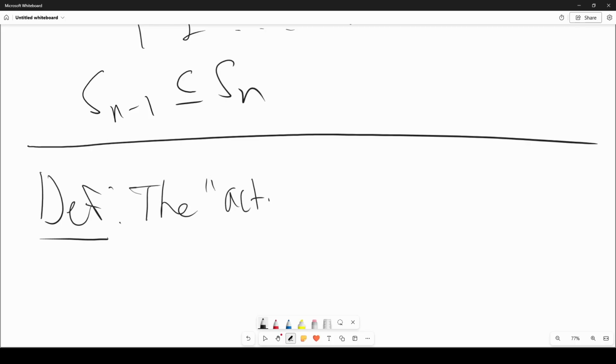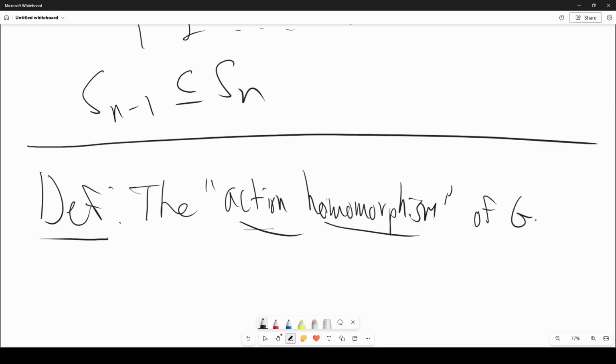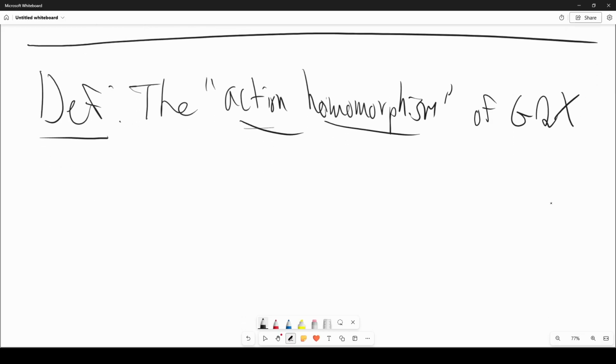The action homomorphism of G acting on a set X, so the specific action, is the map rho from G to S_X, where S_X here is the symmetric group on the set X. What this means is you can think of this as permuting elements of the set X. Permuting is, in a sense, just a bijective function from one to the other.